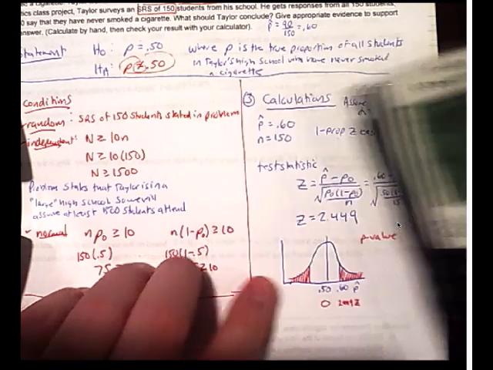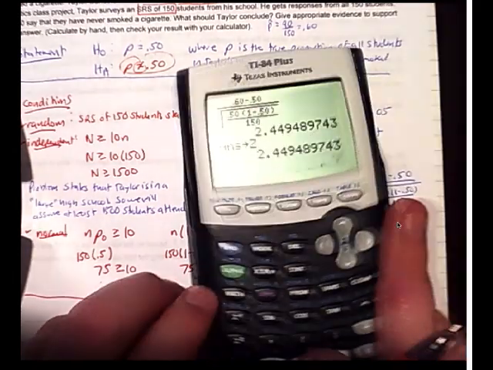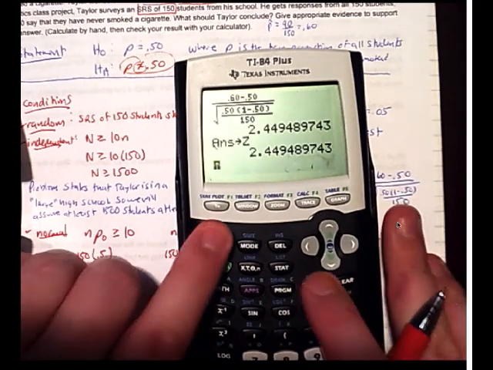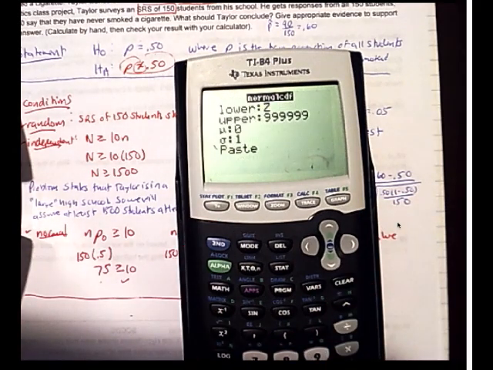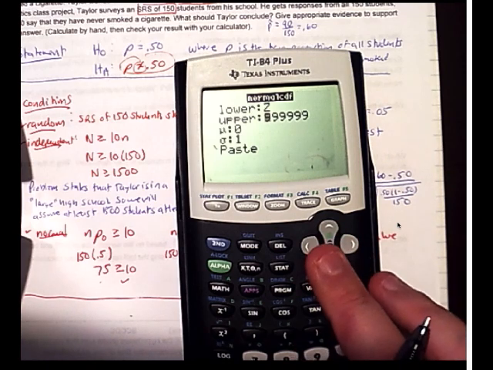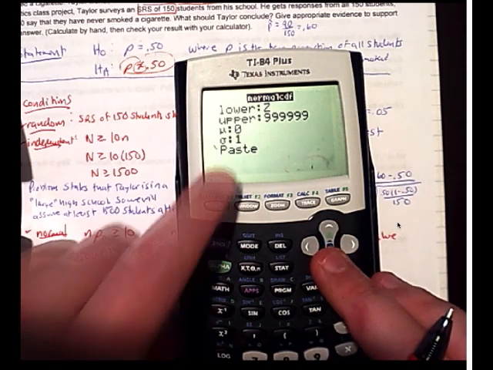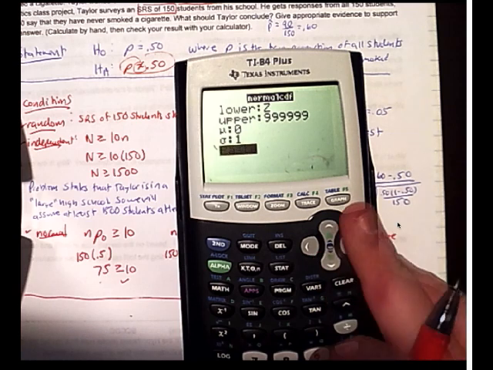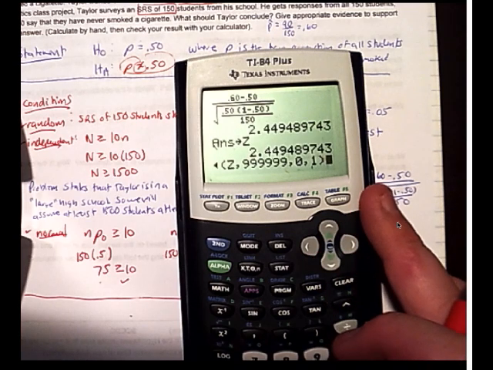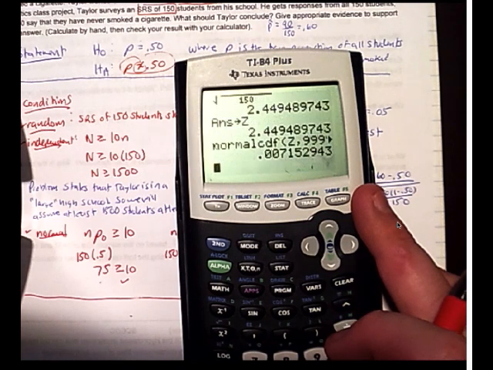Now let's find this area to the right using a standard normal curve. I'm going to go normal CDF, from z to infinity, 0 and 1 here because that's the standard normal curve. Paste. Hit enter.